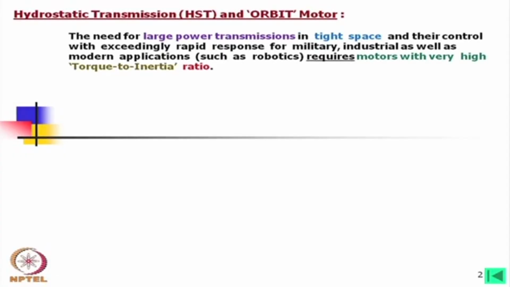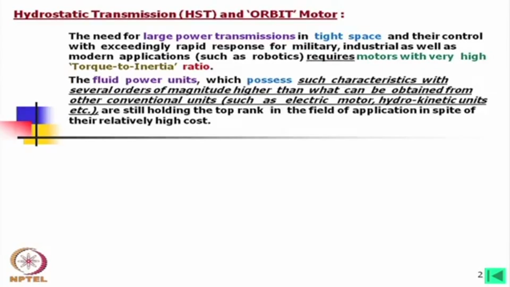Now, already we have discussed that large power transmission in tight space and their control with exceedingly rapid response for military, industrial as well as modern applications such as robotics requires motors with very high torque to inertia ratio.